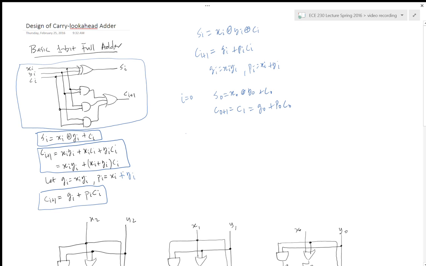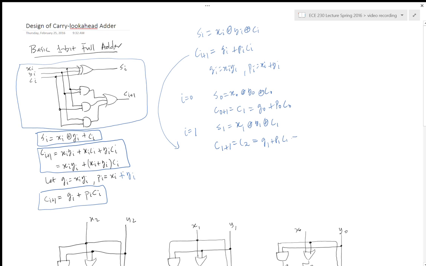Okay, for i equal to 1, S1 is the same case here, X1, Y1 and C1. So C1 plus 1 equals C2, and I'm just using this pure equation, so it's G1 plus P1 C1.